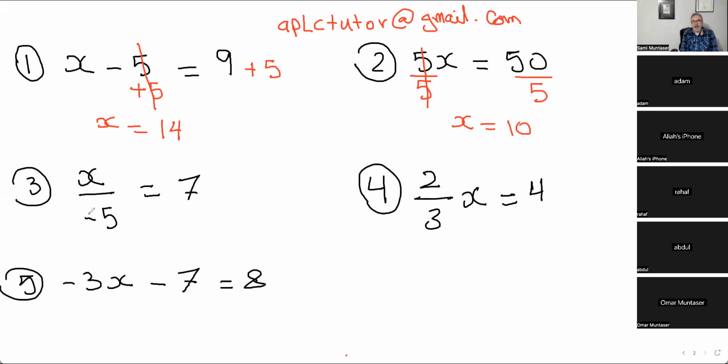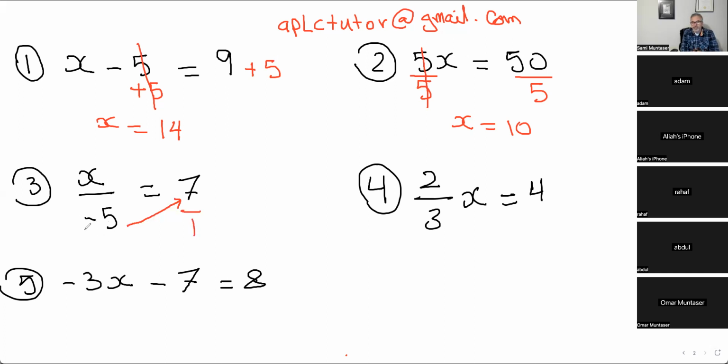Here I said, whenever you have x over a number, the relationship here is division. So you want to multiply this to the other side. What I do is what is called cross multiplying. Whenever you have a variable over a number, this negative 5 can cross to the other side of the equal sign. When it crosses, if it's on the bottom, it goes to the top. Remember, the 7 is on top of 1.